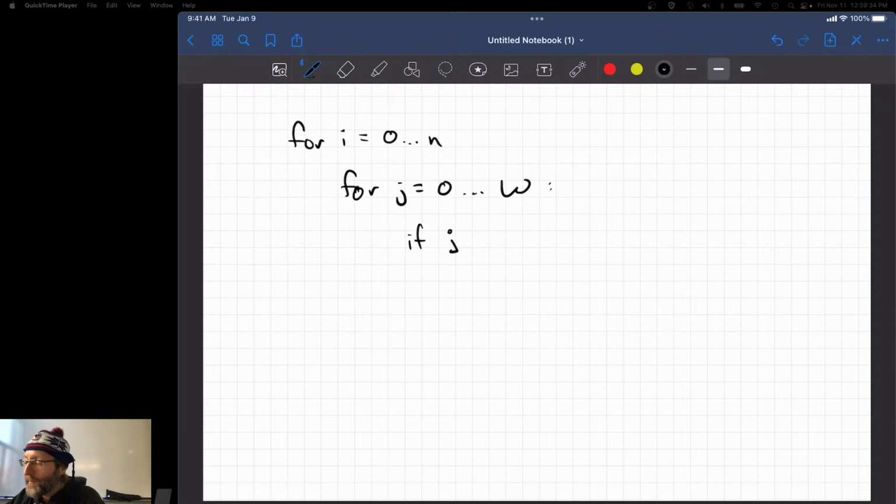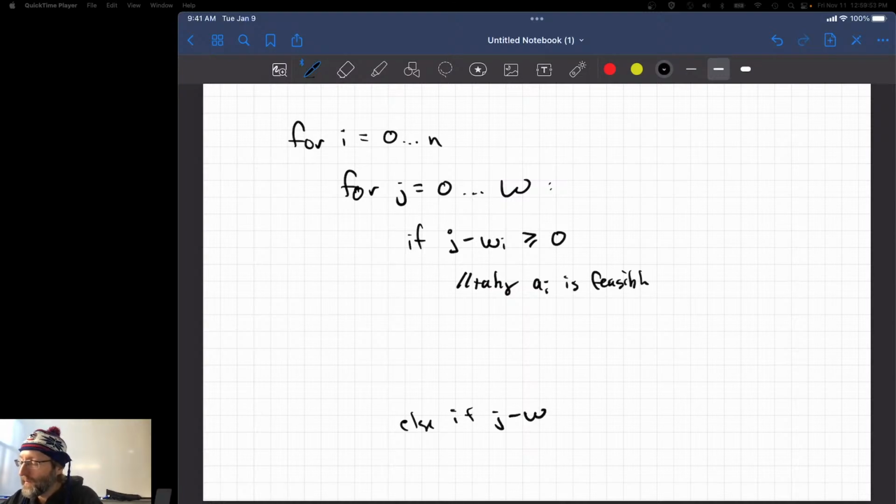j minus w sub i is greater than or equal to 0, then you have a choice. Taking a sub i is feasible. Otherwise, else, if j minus w sub i is less than 0, you don't have to do that as a check, but I'm putting it in here just to be explicit about it.